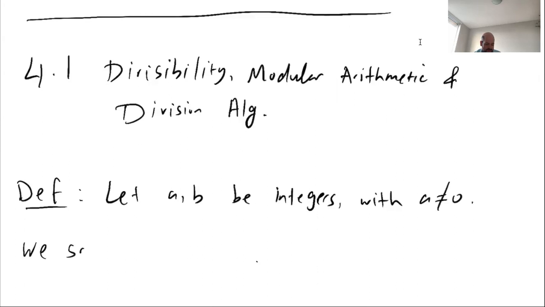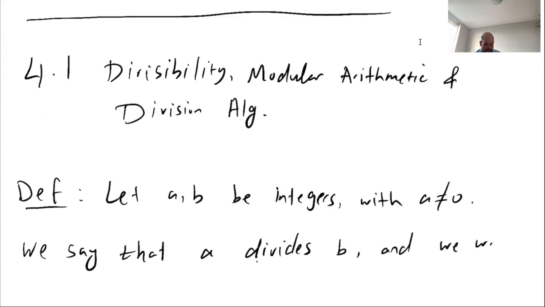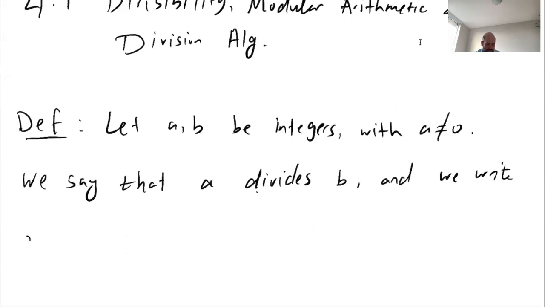We say that A divides B, and we write A divides B. So when do we say that a number divides another number? A divides B has the meaning that A is a factor of B, or in other words, B is a multiple of A. When do we say this?